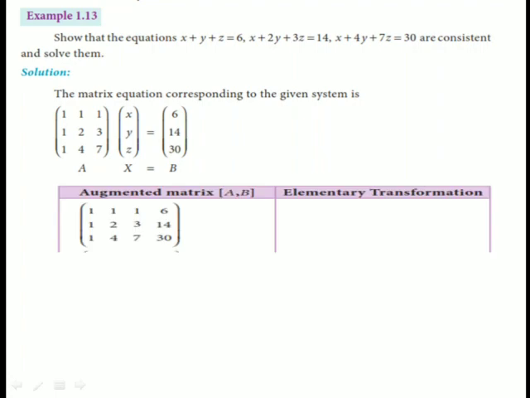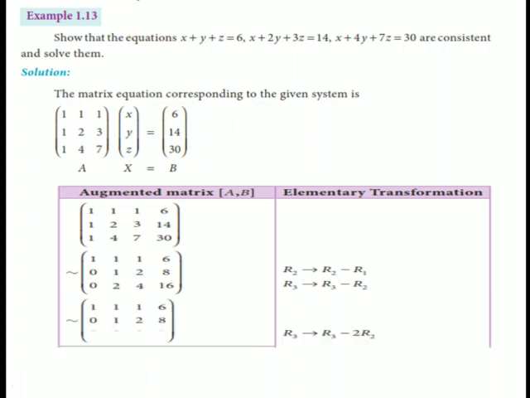Then you write the augmented matrix (A, B). First R2 minus R1, you get 0, 1, 2, 8. Next R3 minus R1, you get 0, 3, 6, 24. Then R3 minus 3 R2, you get 0, 0, 0, 0.